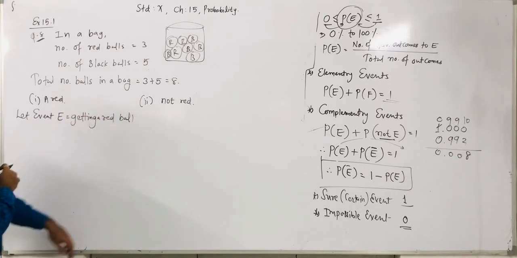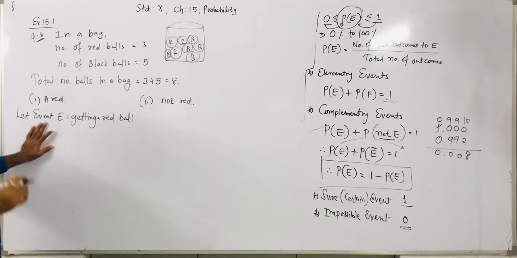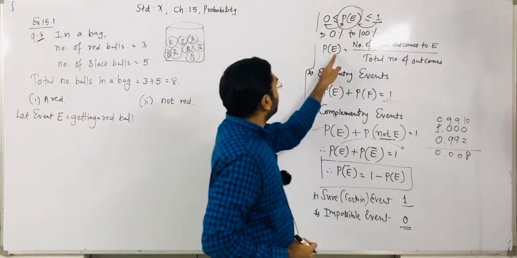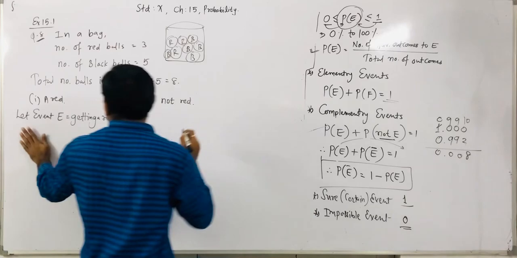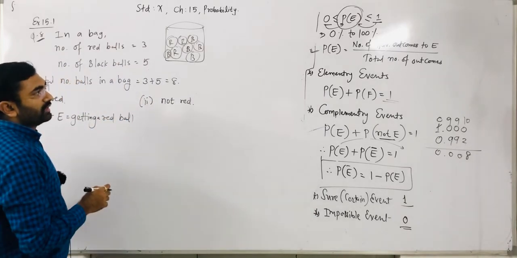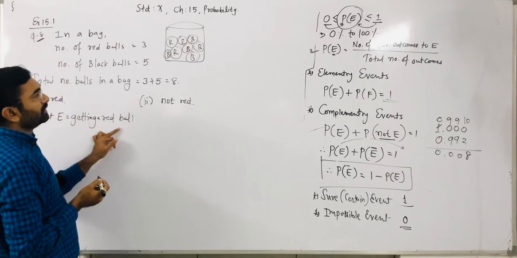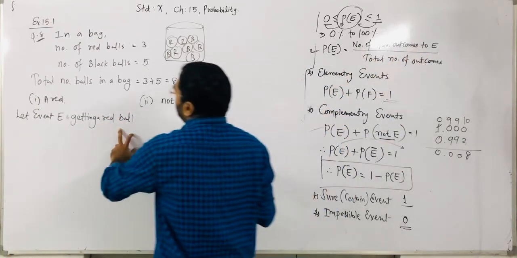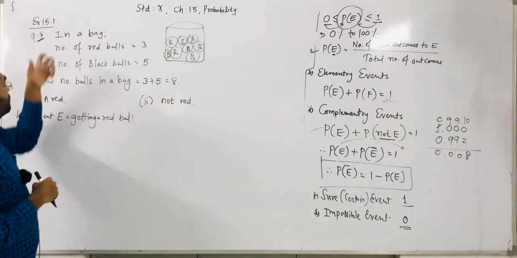Whatever the event, its favorable outcomes we write in the numerator. How many red balls do we get from the bag?